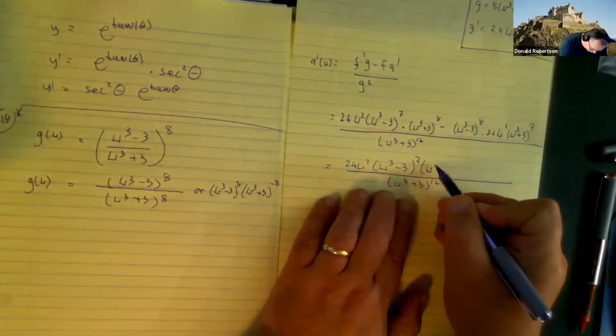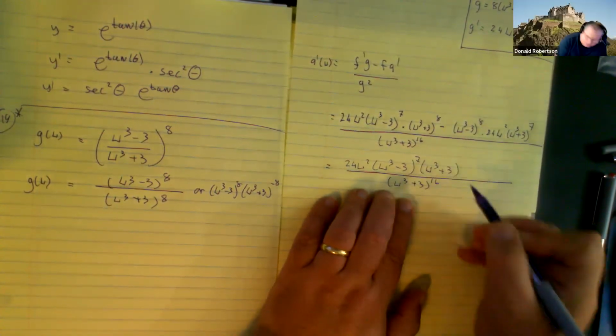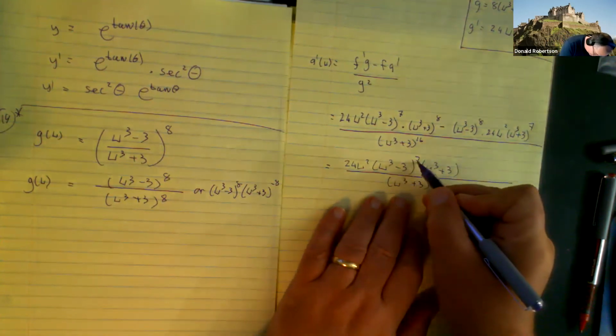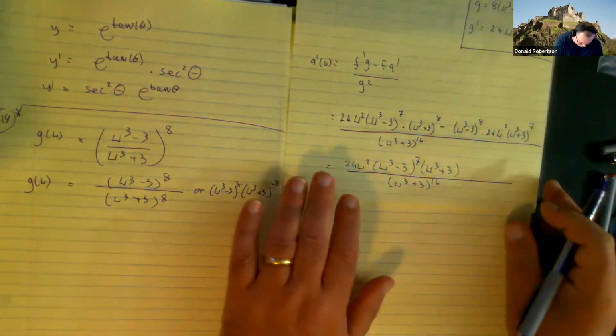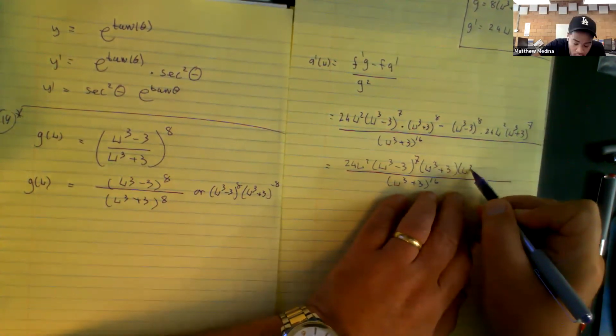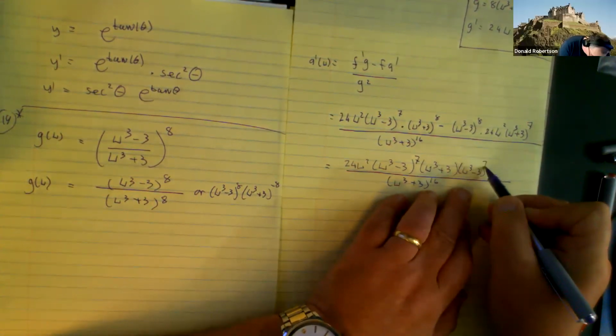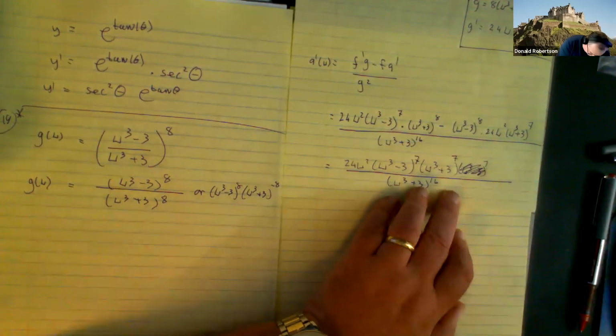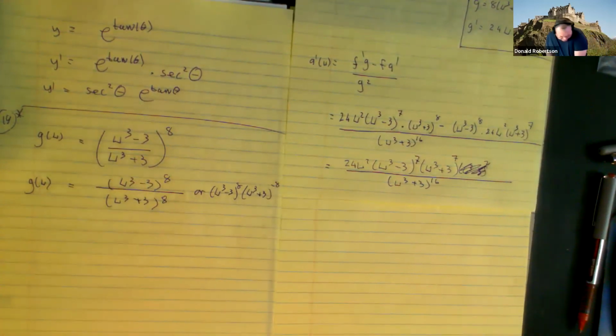Would you agree there's also a u cubed plus 3? And what power can I take out of these? Also 7. Would you agree that there are a lot of common factors there?